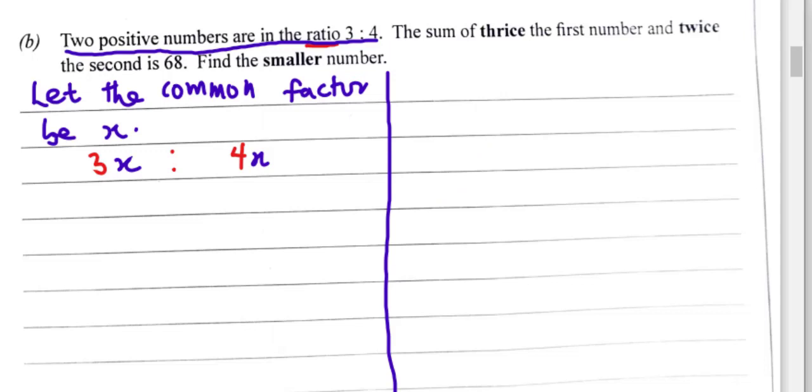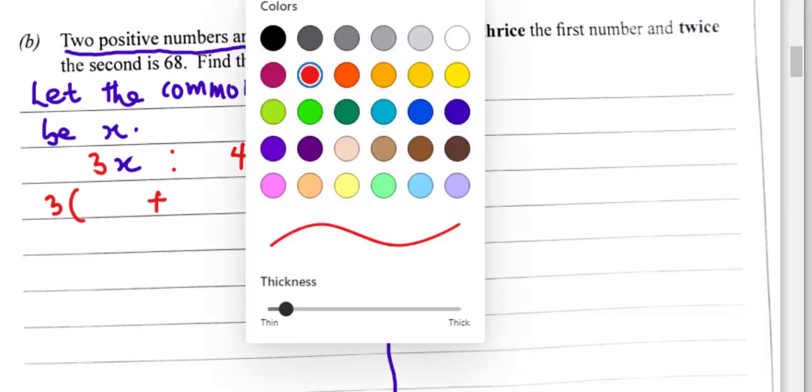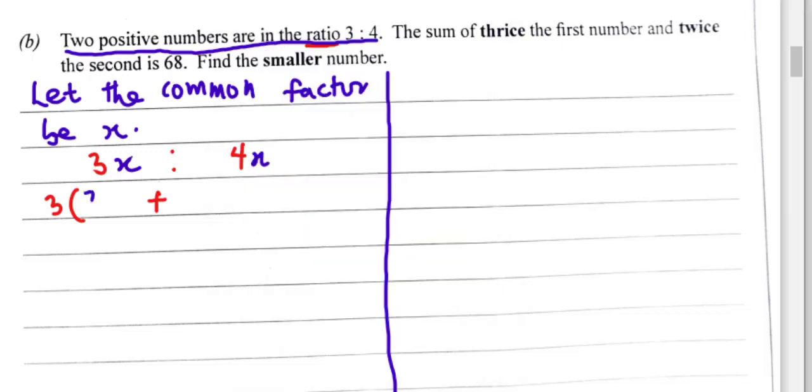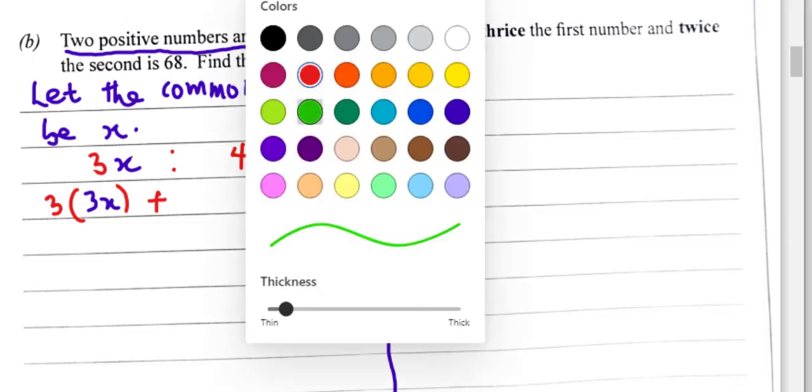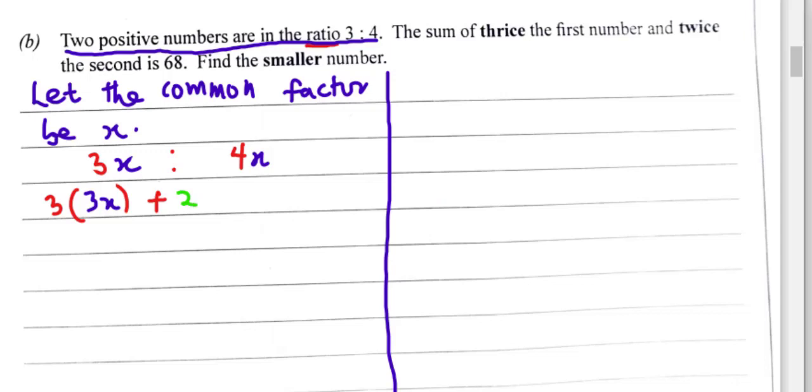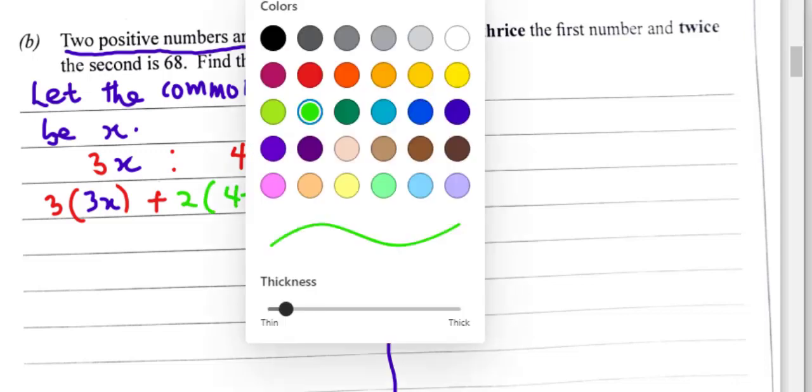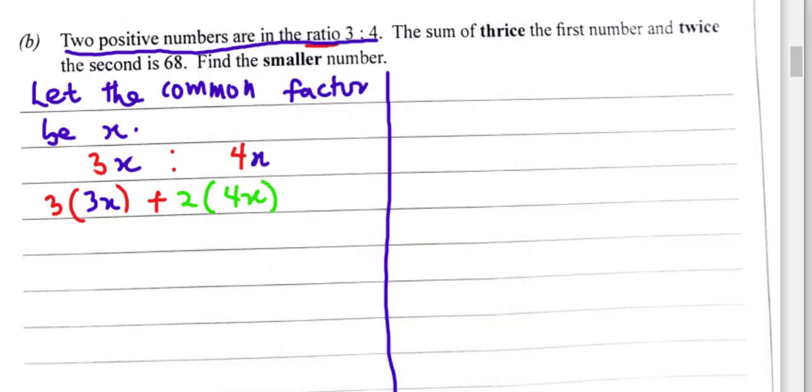The sum of thrice the first number, so 3 times the first number is 3x, and twice the second number, so the second number 2 is 4x. The sum is 68.